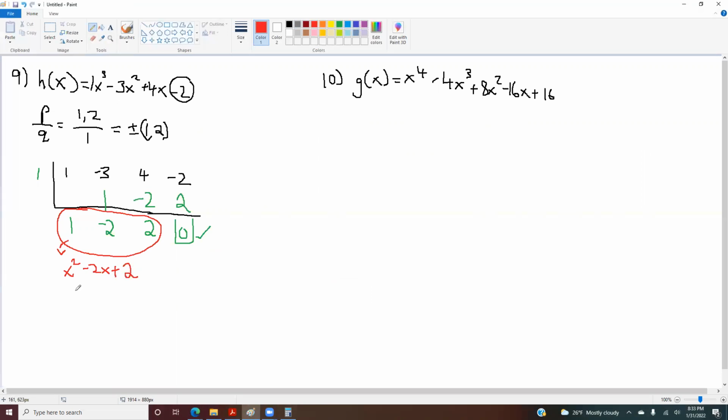Anyone know, can we factor this fellow? Can we factor x squared minus 2x plus 2? No, we cannot factor this. So if you cannot factor this, then we will use the quadratic formula. I want you guys to go ahead and apply the quadratic formula to this quotient.